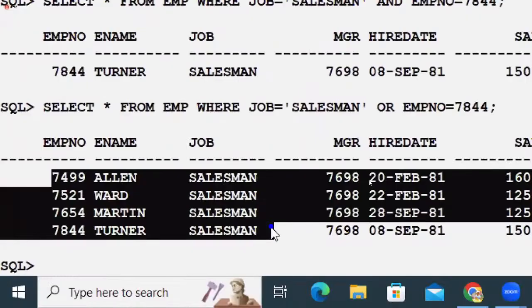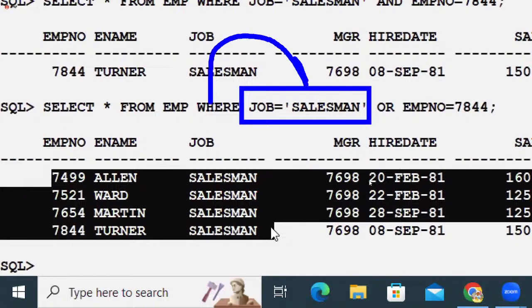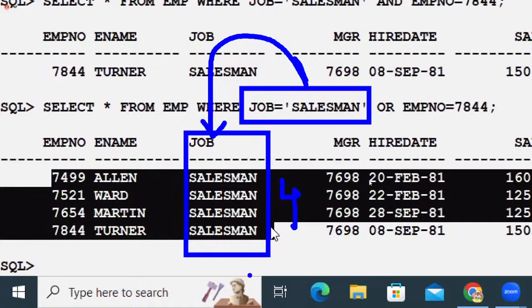Because of simple logic. Job equals salesman is one condition coming separately to check with the job column. In the job column, how many people are salesmen? 4. These 4 are true. Now it checks the next one, EMP number 7844. Is this EMP number 7844 satisfied? No. So first condition true, second condition false. But what does the OR operator say?